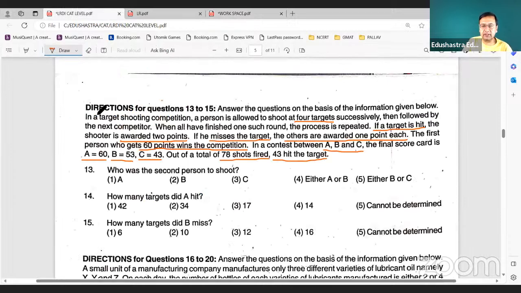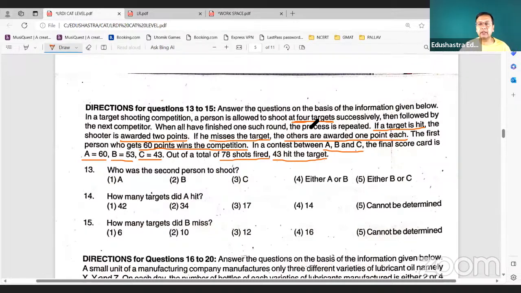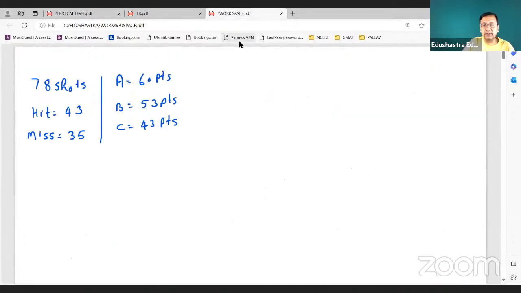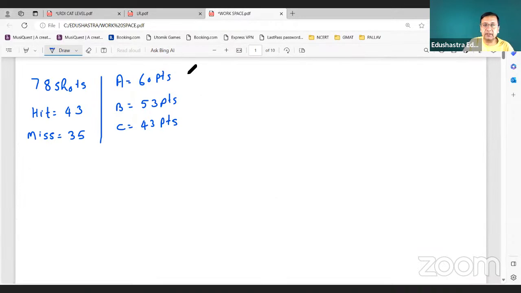Total three persons are there, and every person is shooting how many? Four targets, this is given to me. Turn by turn, they are shooting the target. There is some first person, some second person, some third person.